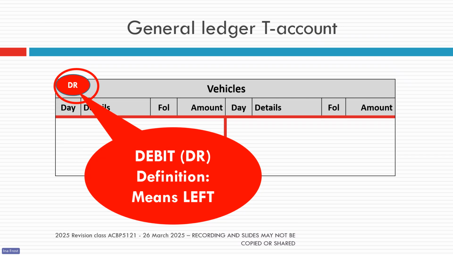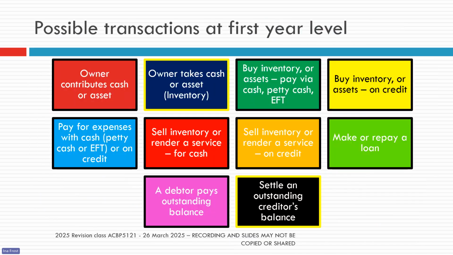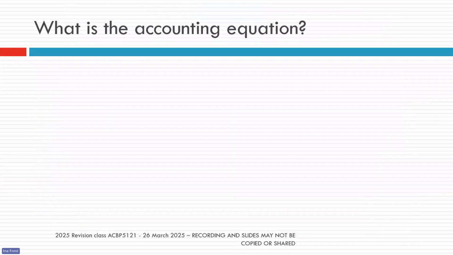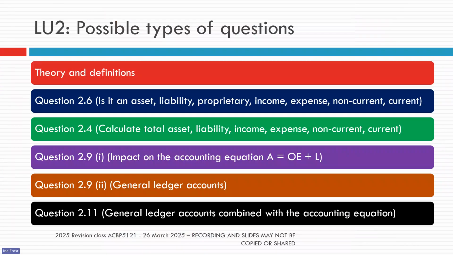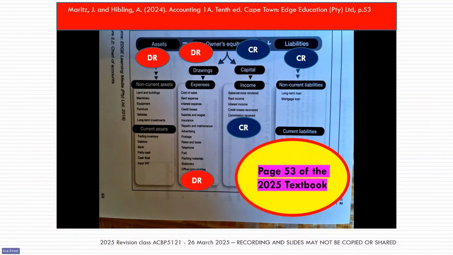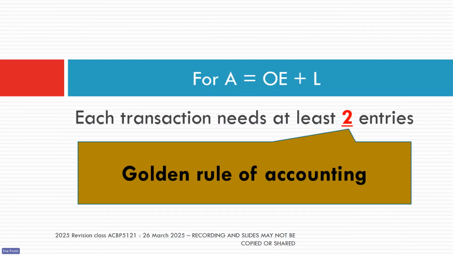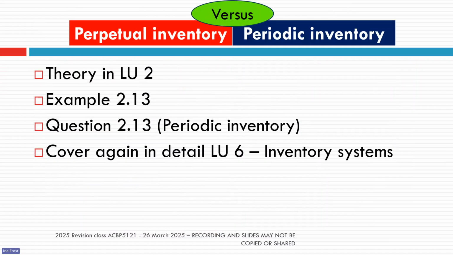So if I can go back here, this page 53, there will be a general ledger account for each one of those assets, expenses, income and liabilities listed here on page 53. So for each one of those, we will have a separate little account. We refer to those as T accounts.